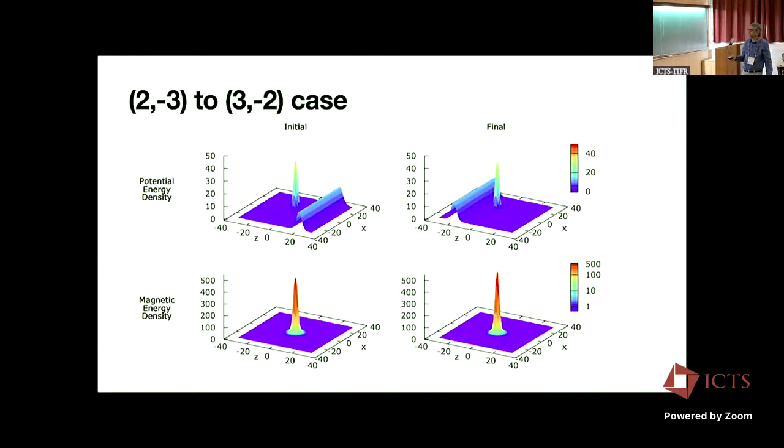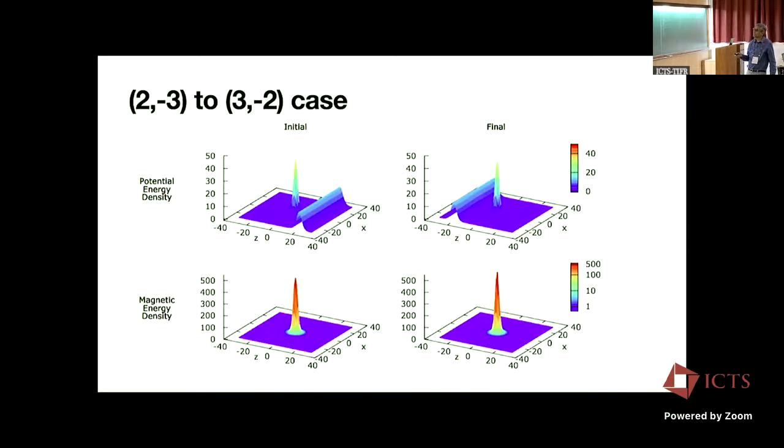So you can see initially the wall has no magnetic energy, and all the magnetic energy is in the monopole. So this is a slice. And the magnetic monopole has some potential energy, and the wall has some potential energy. So this is the initial state. And then basically nothing happens. The wall comes through, and it just goes through, and the magnetic monopole keeps sitting where it was.